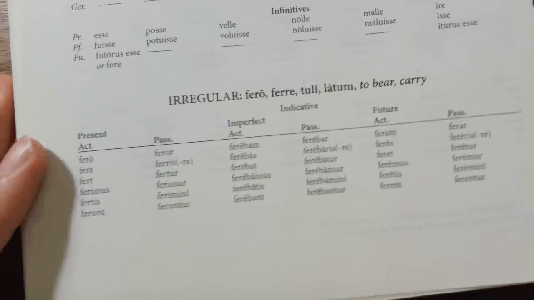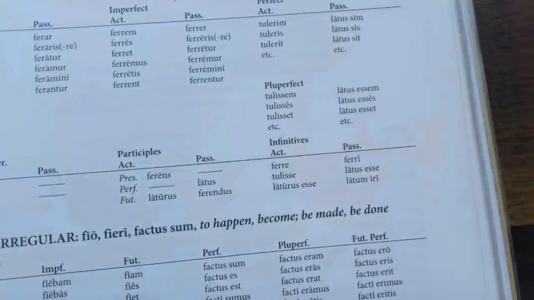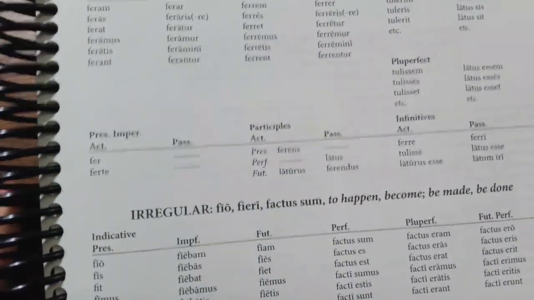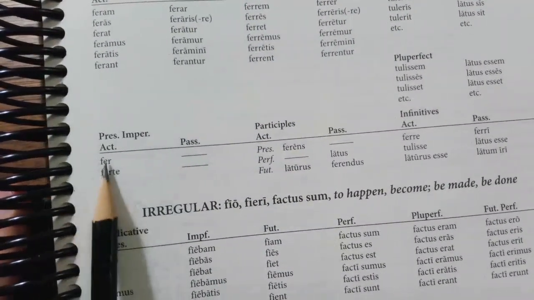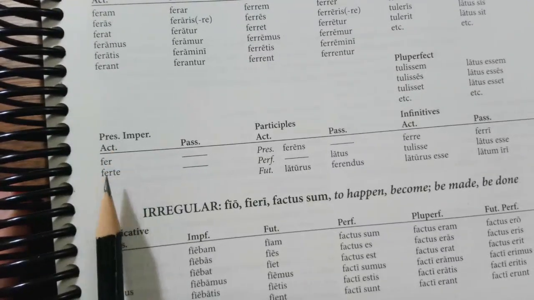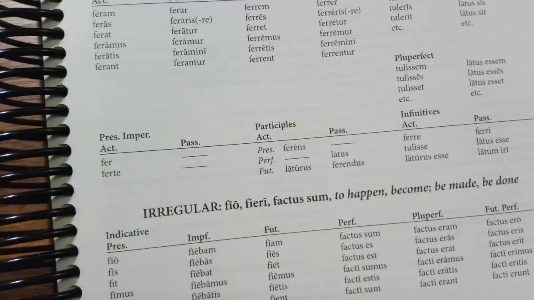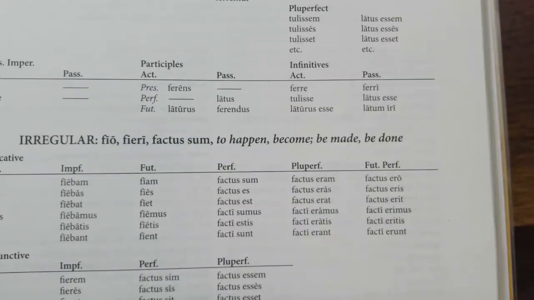There we go. So that's ferro, on page 508, and it continues on. And then here, there's the present imperative active that we were just talking about. If I wasn't here to point it out to you, you could find it yourself in the appendix. So that's that.